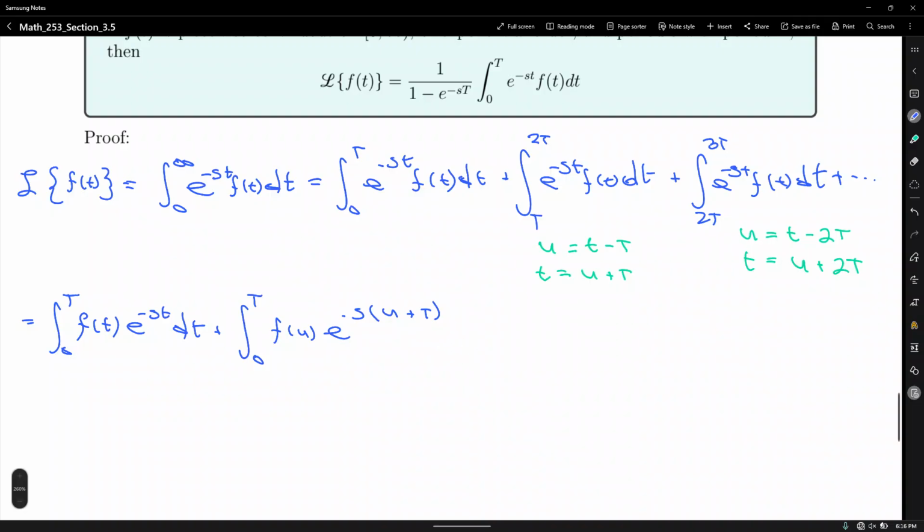Actually, this would be du, right? Plus the integral from 0 to T still, because I'm shifting everything to T actually.